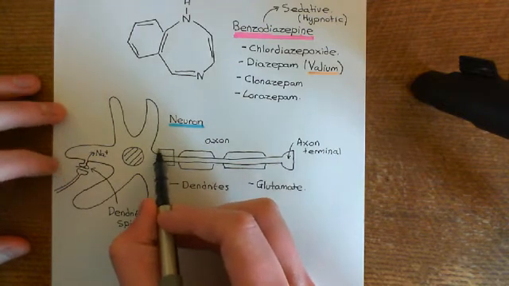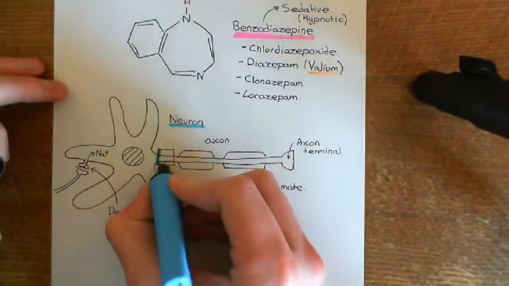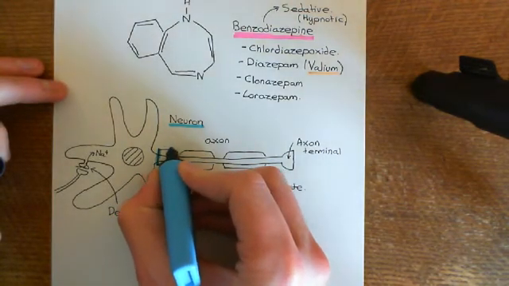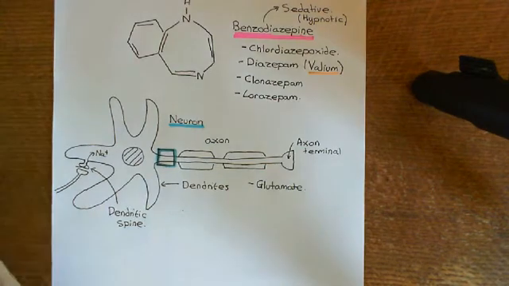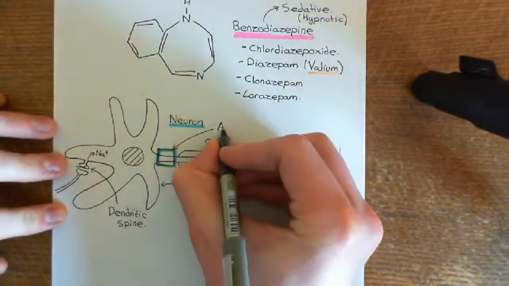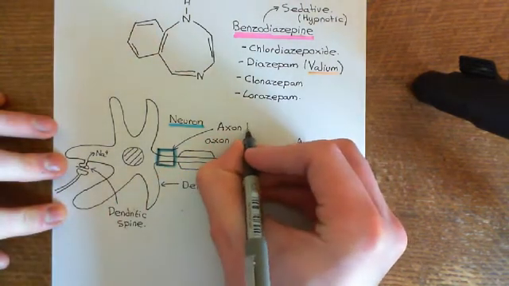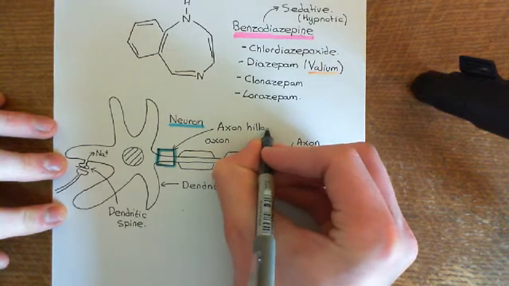Now, where does the action potential begin in most neurons? Well, the action potential does not usually begin in the dendrites. Instead, there is a special place where the action potential usually begins, and this is known as the axon hillock. So it's this beginning of the axon over here, known as the axon hillock.